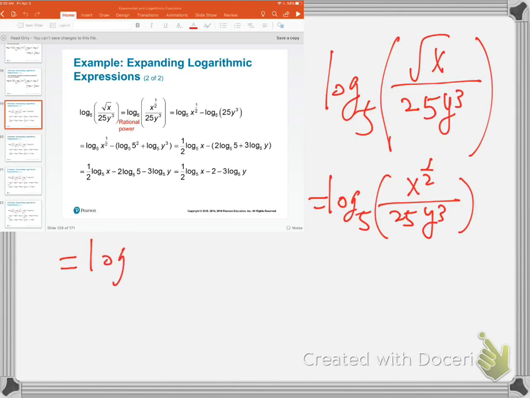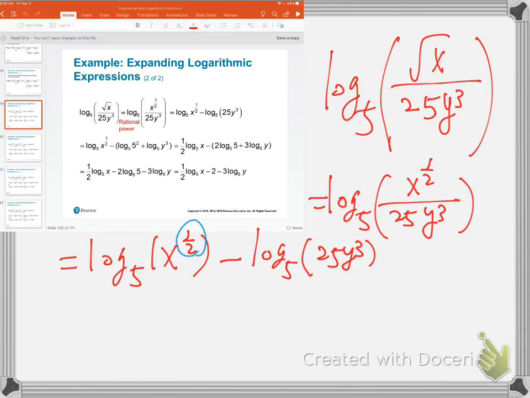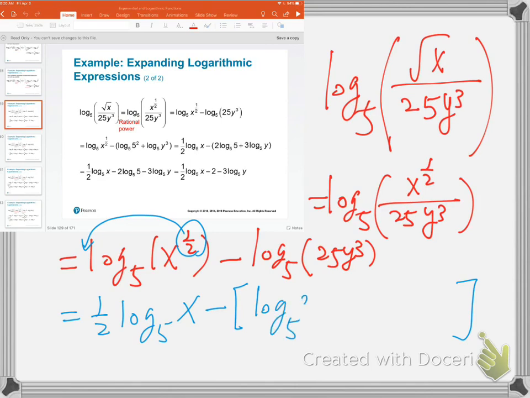So this is log 5 of x to the 1/2 minus log 5 of 25 y cubed. For the first part, we move the exponent 1/2 to the front. Then we get 1 over 2 log 5 of x minus, and now we have a product inside the second log. So 25 times y cubed, so this is the addition: log 5 of 25 plus log 5 of y cubed.